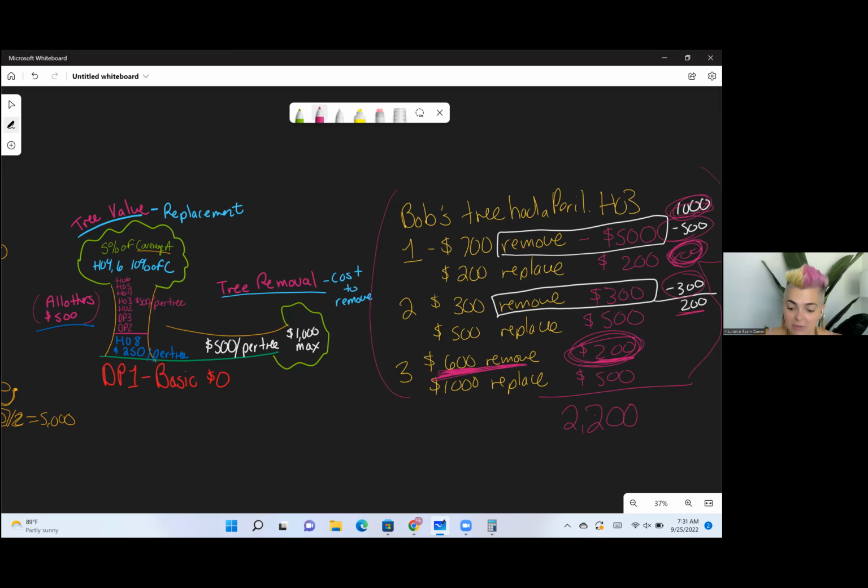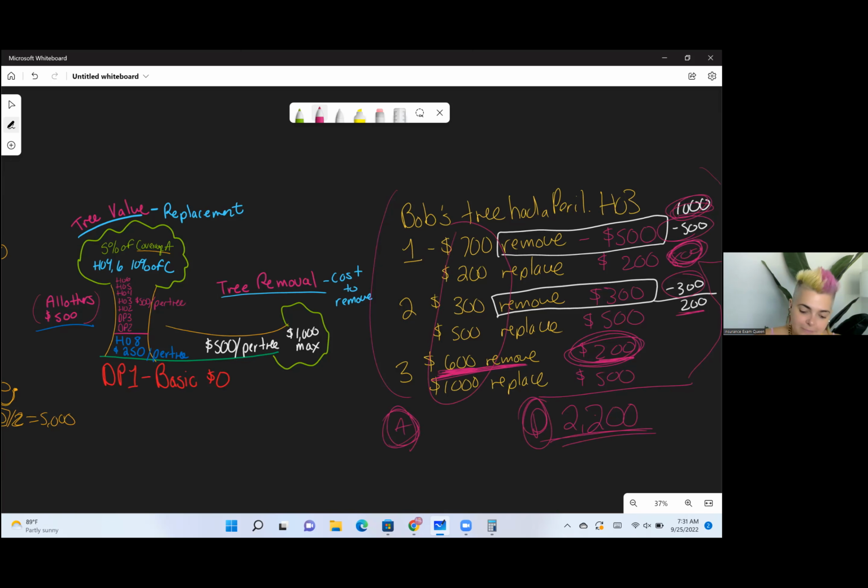But you better believe this will be an answer choice, right? Like if you were to add all these ones up, that would be the answer choice for A, but the answer choice is actually D at 2,200. So you have to make sure it's 500 per tree for removal, up to 1,000 max. You cannot spend more than $1,000 to remove.